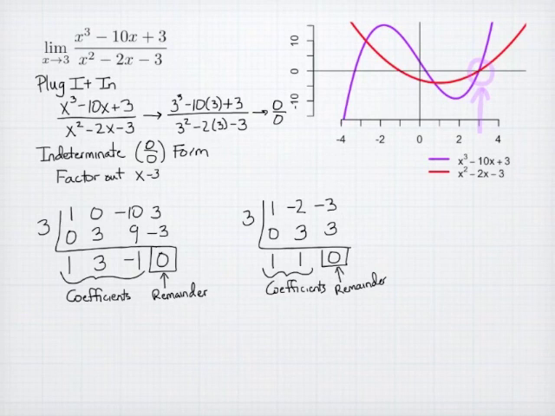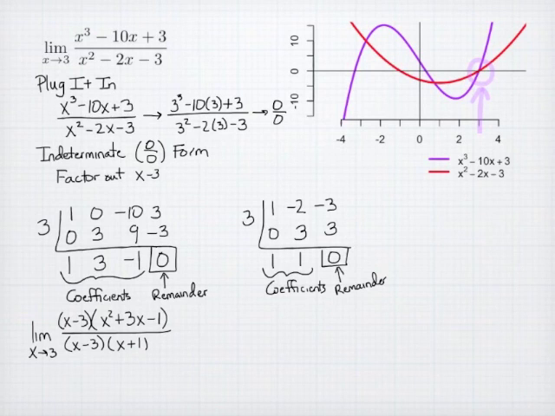This factoring allows us to rewrite our limit using our factored form. The coefficients of our numerator, second factor, were 1, 3, and negative 1. The coefficients of our denominator, second factor, are 1 and 1.